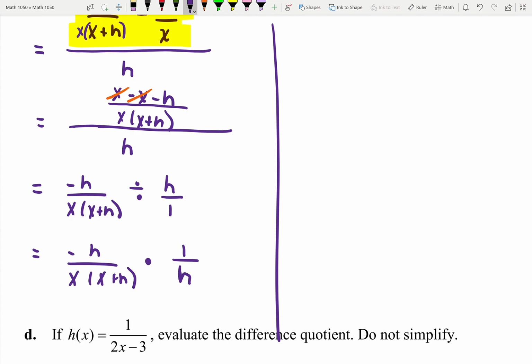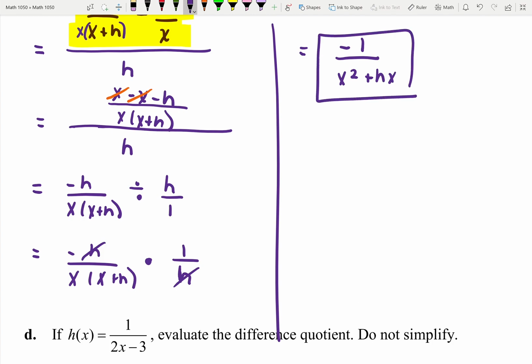So if you're multiplying and you've got the same thing on the top as the bottom, those actually will just cancel away. So your answer is negative 1 over. Now I don't want to write it as x times x plus h because that's not simplified. So I'm going to write it as x to the second plus hx, and that's my answer.